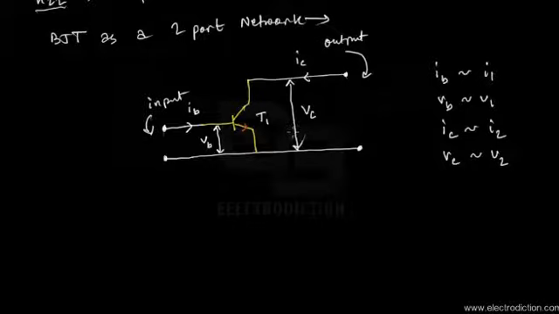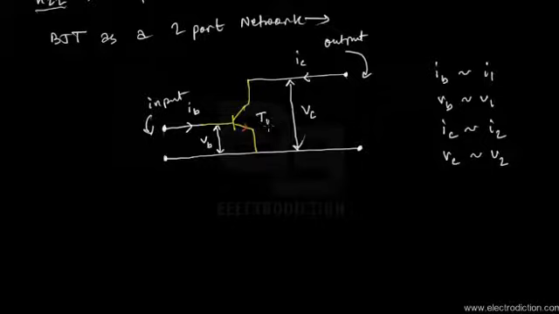Now extending this idea to the H parameter analysis, whenever we analyze this BJT amplifier using H parameter analysis, this method has certain advantages. We can find out its input impedance, output admittance, the current gain and their interrelationships with each other quite well using this method of analysis.